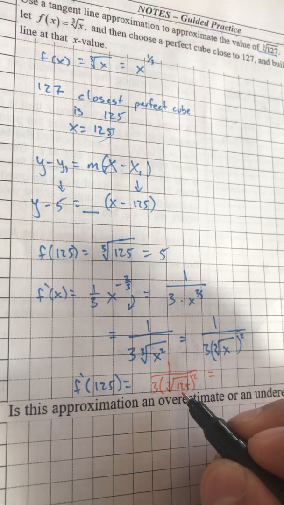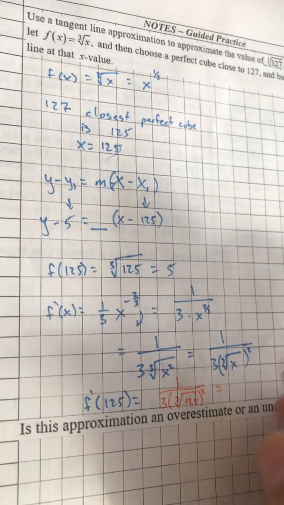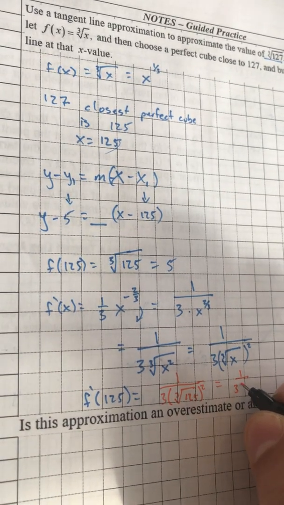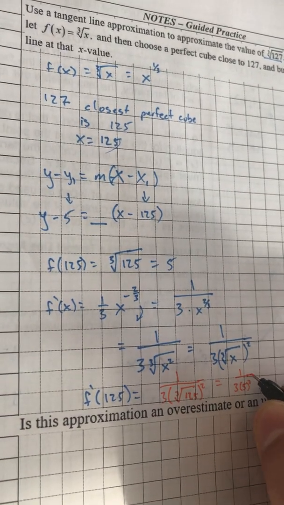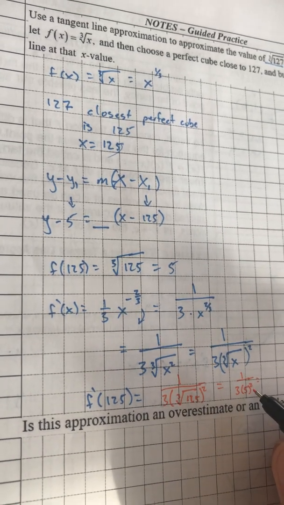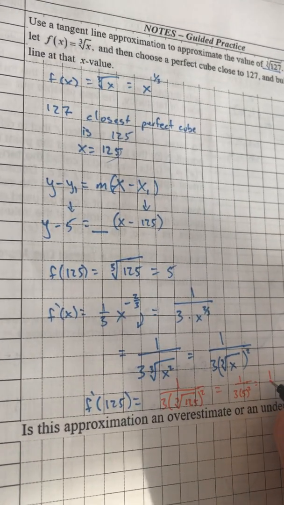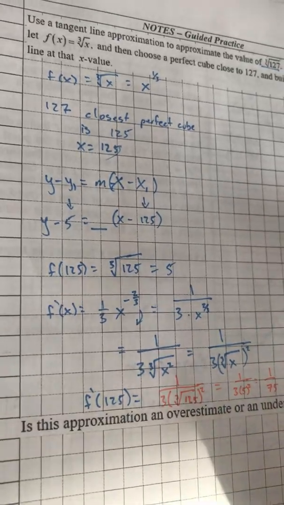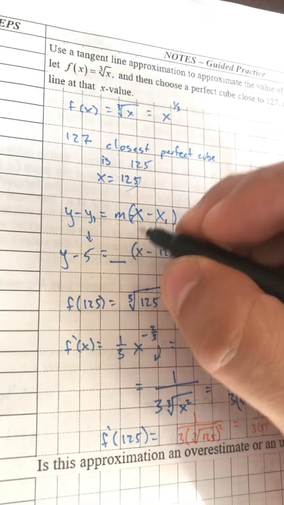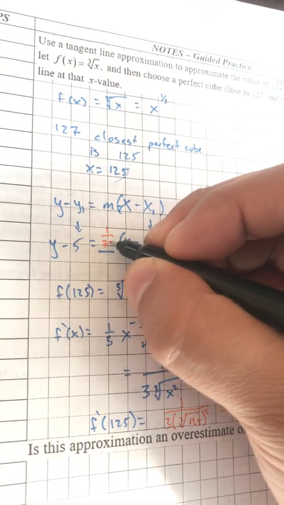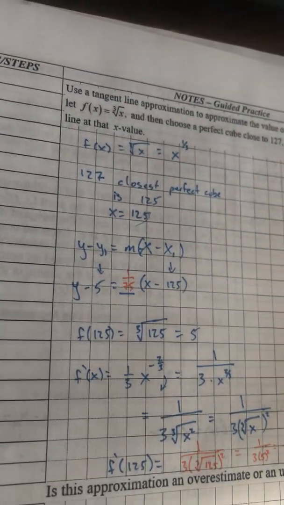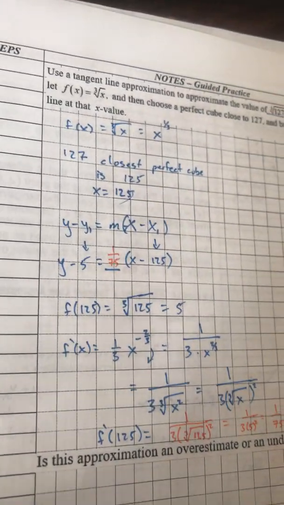So cube root of 125 is 5. So 1 over 3 times 5 squared. 5 squared is 25 times 3 is 75. So 1 over 75. Done. That is our m. 1 over 75. Okay. Now we have our tangent line.